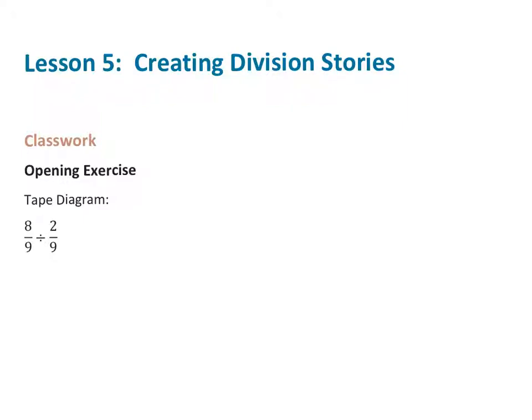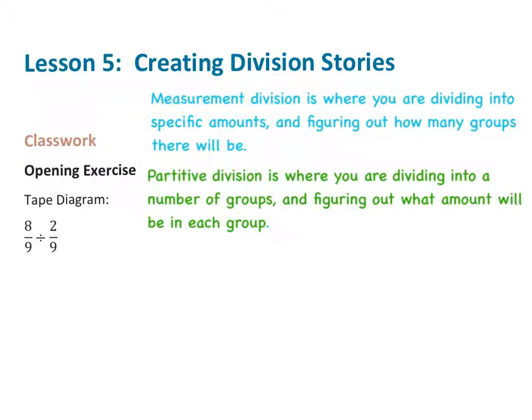I'm going to interpret it as what is known as measurement division, which is when you break it up into groups of the number you're dividing, which in this case is 2/9, and then figuring out how many groups there are. So here are the definitions of measurement division and partitive division, and for the sake of this problem, I'm going to choose my interpretation of measurement division.